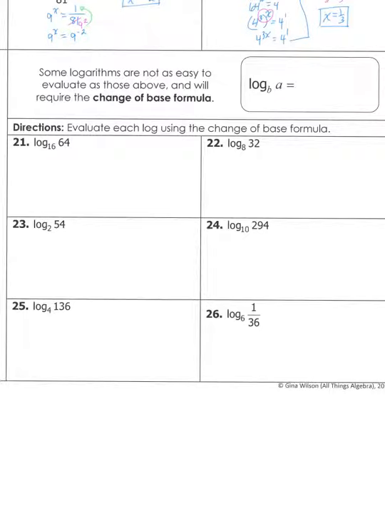Number 23 is the only, starting with 23, 24, and 25. Those 3, I would not be able to find like bases. So let me just prove it to you. If I set this equal to x and I put it into exponential form, I get 2 to the x is equal to 54. 54 is not made up solely of 2's. So although I can divide 54 by 2, it's not made up of only 2's. So we would not be able to get these into a like base.